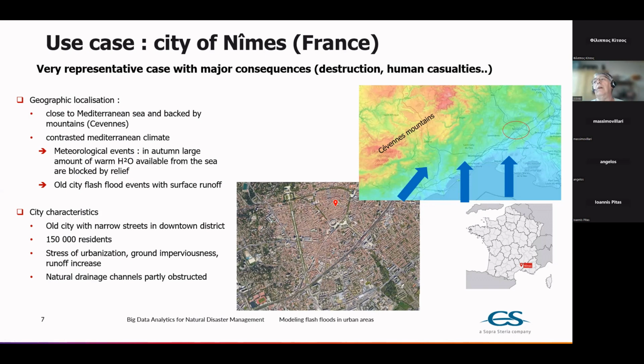And you can have, I don't know if it's something that you can figure out, 300 millimeters of water in 1 hour, sometimes even 400, which is a lot.